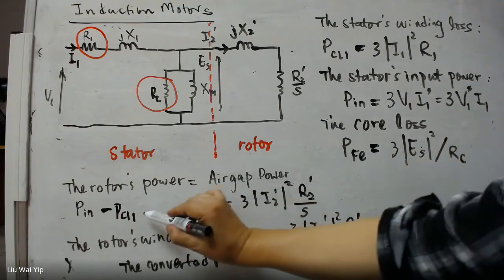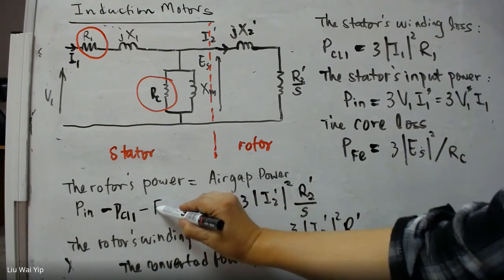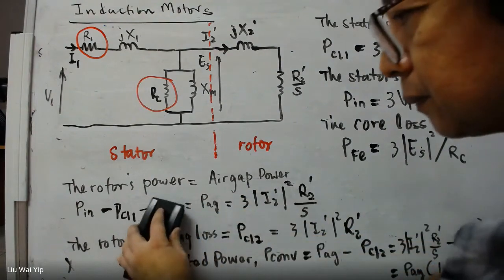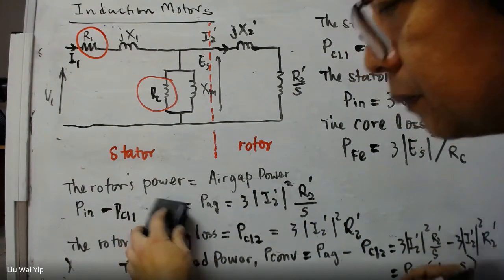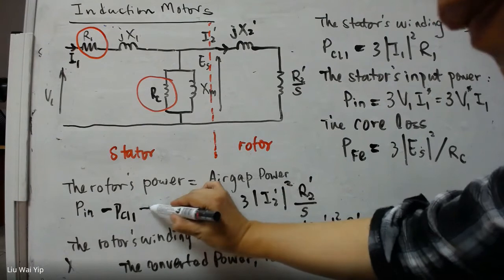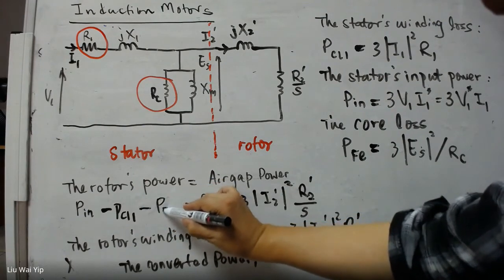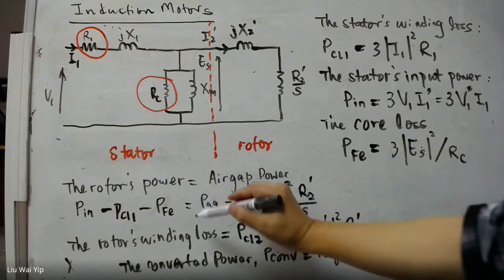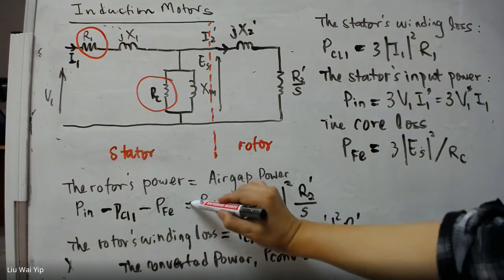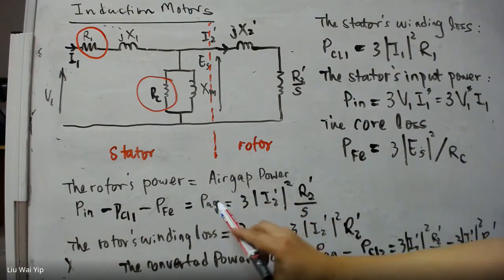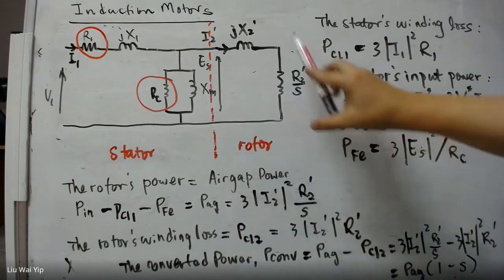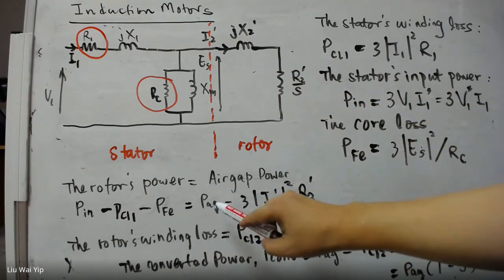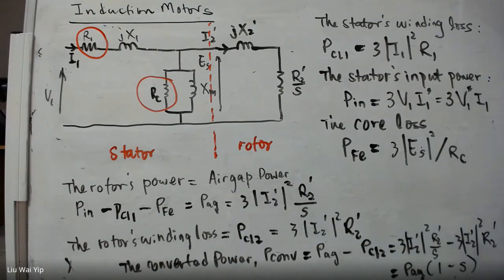So after subtracting these losses, the power for each element is the air gap power.